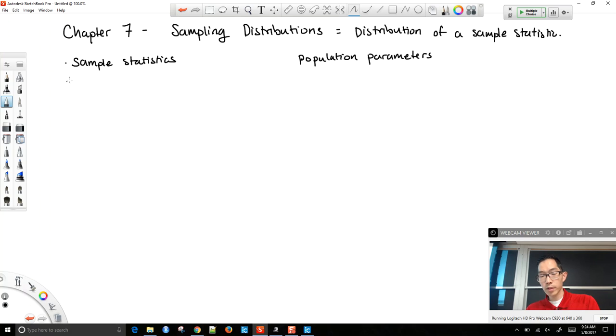The sample statistic is when you take a sample and you are summarizing the sample with a single number, right?